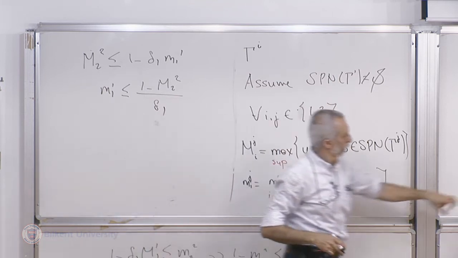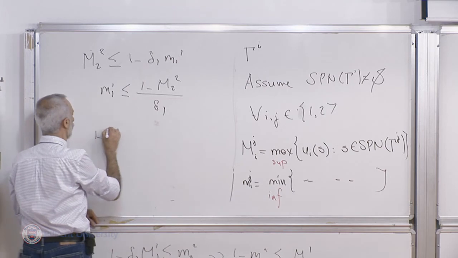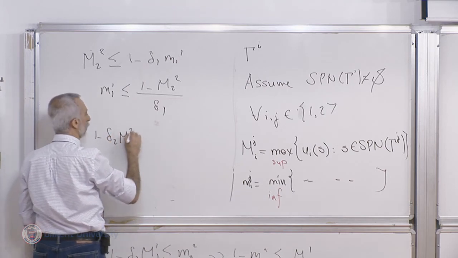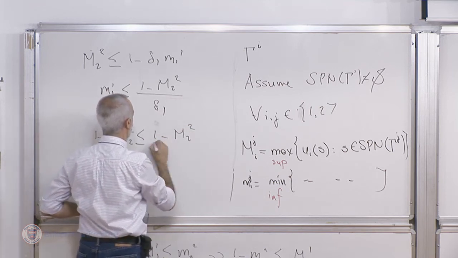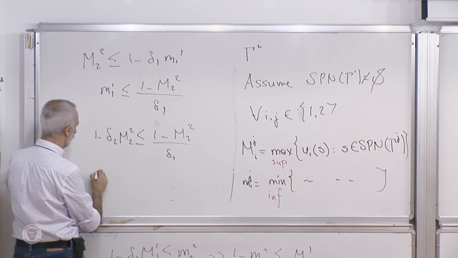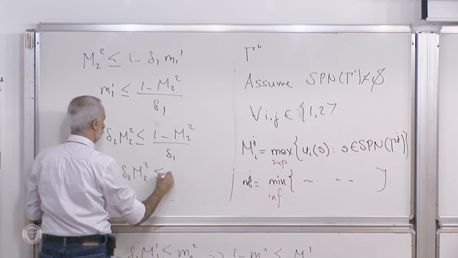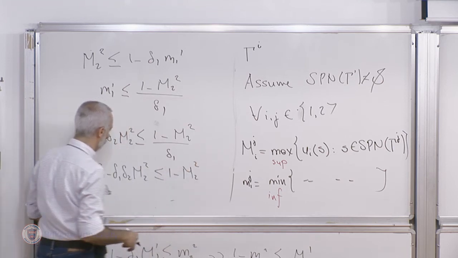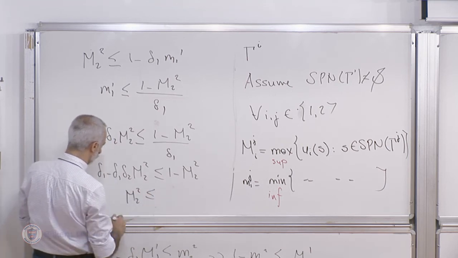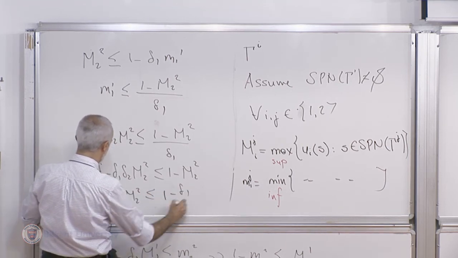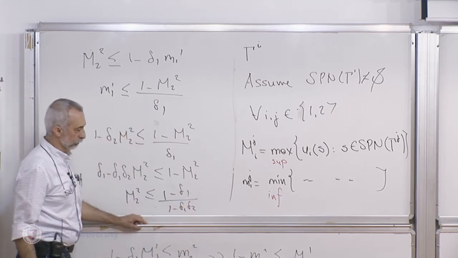So this, together with this, implies 1 minus delta 2 M22 is less than or equal to 1 minus M22 divided by delta 1. So that implies delta 1 delta 2 M22 is less than or equal to 1 minus M22, and that implies that M22 is less than or equal to 1 minus delta 1 divided by 1 minus delta 1 delta 2.